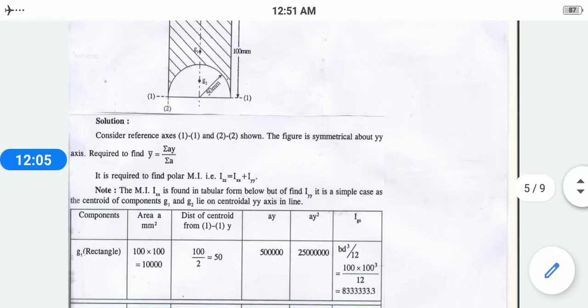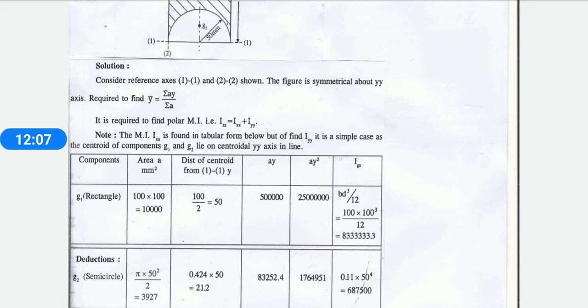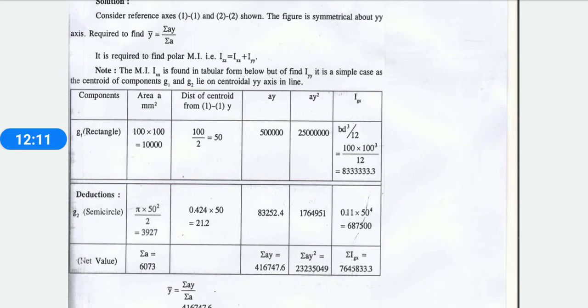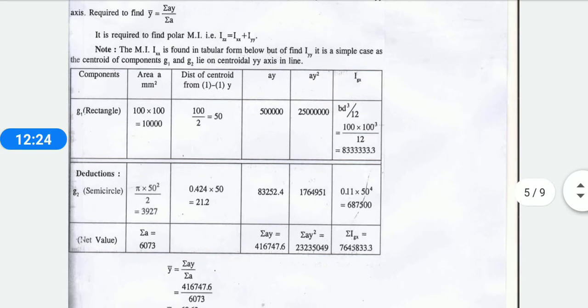So the rectangle area will be 100 into 100. Y will be 100 divided by 2. Same like for the semicircle, it is equal to 0.424 of r. Substitute your r, that is 50, and find your distance of centroid, that is y. After finding the y, calculate your ay and ay square. I of gx, we already know the formula.